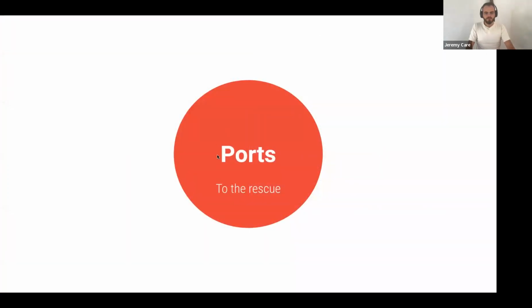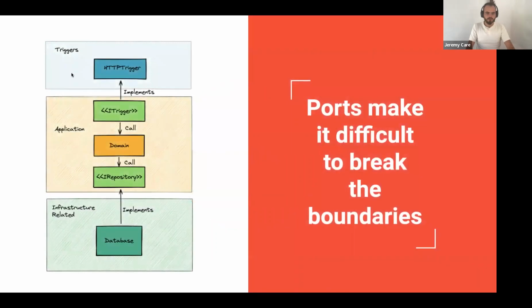And that's why we use ports. Ports are interfaces. If you know a bit of programming, an interface is like a plan that tells you how the interaction will behave and how a class will be constructed, and defines a contract. So the domain now calls an instance of an interface instead of calling a database directly.